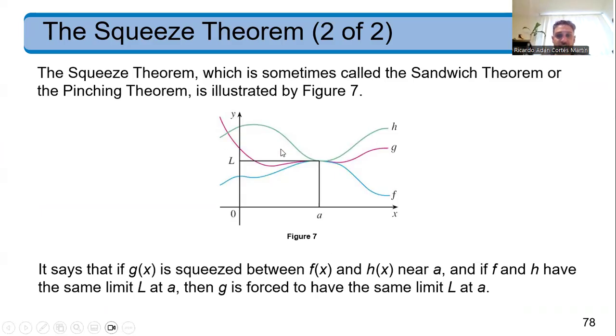We can see it like this: the red line is being squeezed between the green line and the blue line. That is the idea of the squeeze theorem. If the limits of h and f exist and they tend to this, and g is always less or equal to h and f is less or equal to g, then this happens.